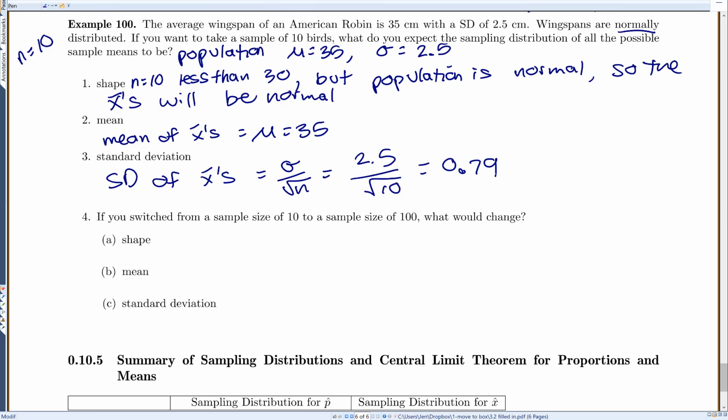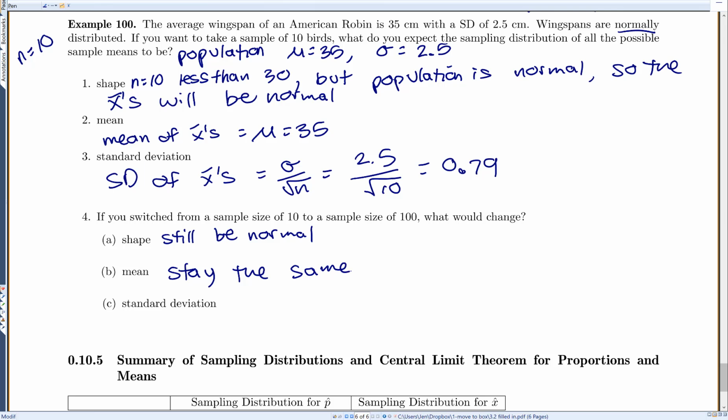Now, if you switched from a sample size of 10 to a sample size of 100, what would change? Okay, so the shape will still be normal. Okay, normally it would be like even more normal, but my population started off as normal, so still normal. Okay, my mean should stay the same because it's still going to be mu equals 35.